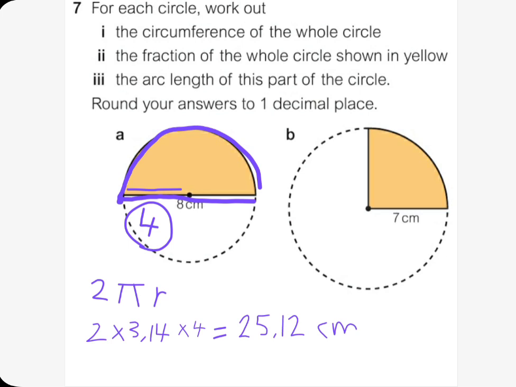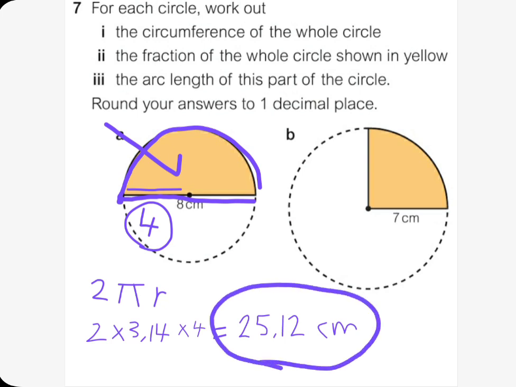The fraction of the whole circle shown in yellow, he wants the circumference, of course. Now, because all of this is 25.12 and this is half a circle, so we divide 25.12 on 2. We will get the arc length, which is the part or the half part of the circle.